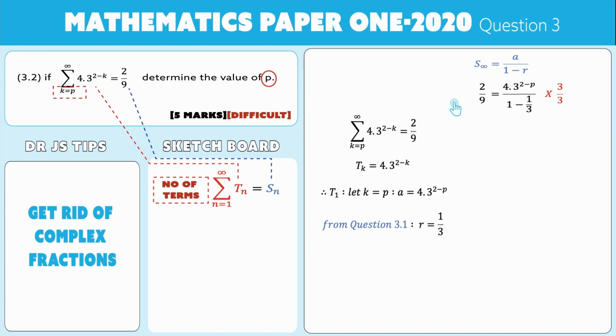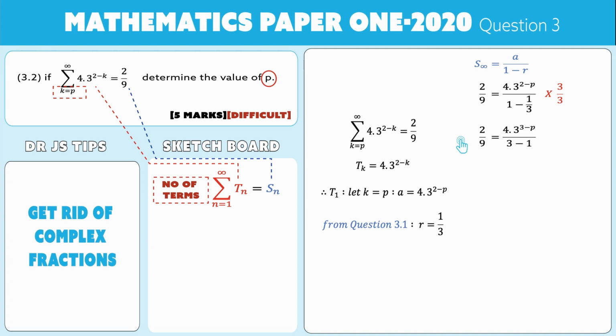So if I multiply that, I get 4 multiplied by 3. Now if I multiply like bases, I add their powers. 3 to the 3 minus p. In the denominator, I get 3 minus 1. 3 times 1 is 3, and 3 times 1 over 3 is 1, so I have 2 over 9.